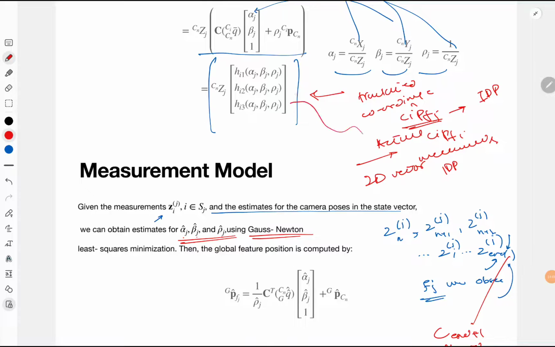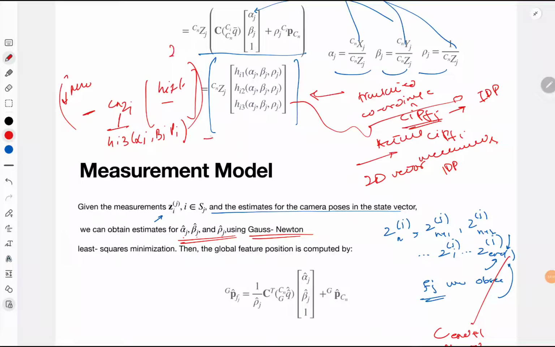So you would take this, do the IDP, and then you would construct an optimization problem, which is the difference between these two. So I think it would be something like 1 over hi3 times alpha j, beta j, rho j, into C and zj, this multiplied by the first row and the other two, and you would subtract this from the measurement.